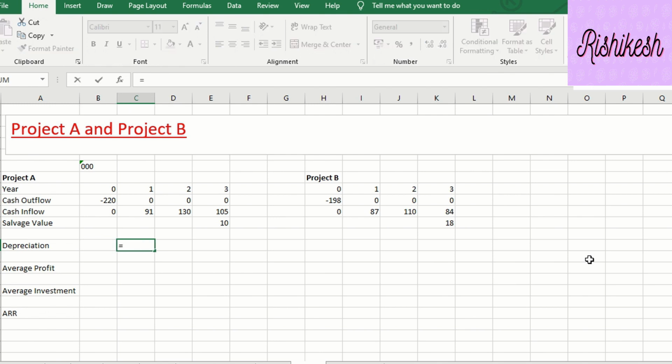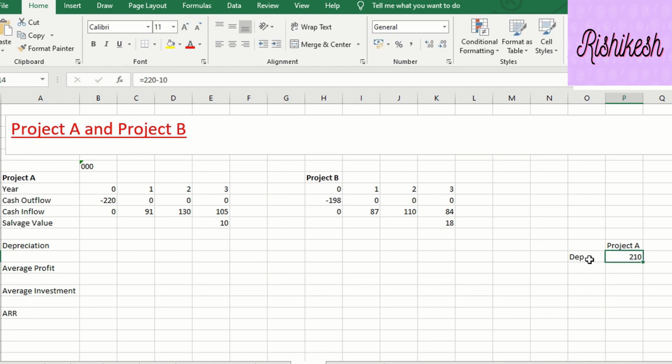Let us see over here for project A, and then I will do it similarly for project B. So for project A, the total depreciation is the initial value, that is 220, minus the salvage value, that is 10.